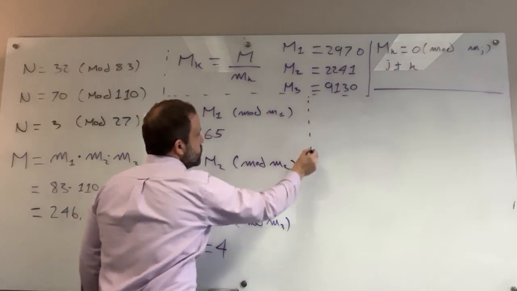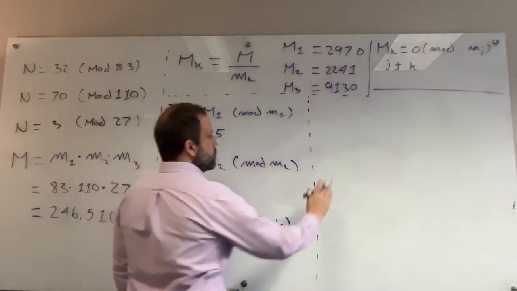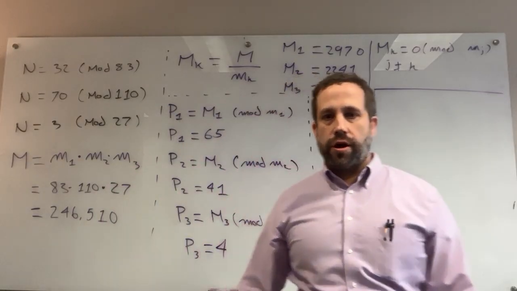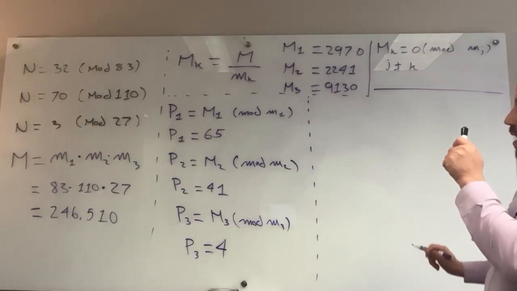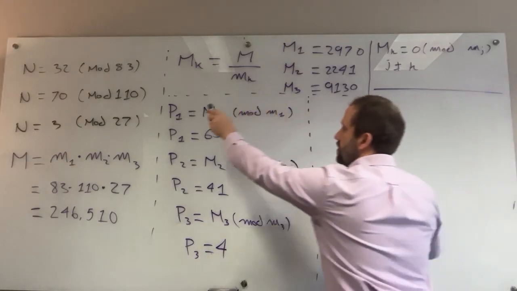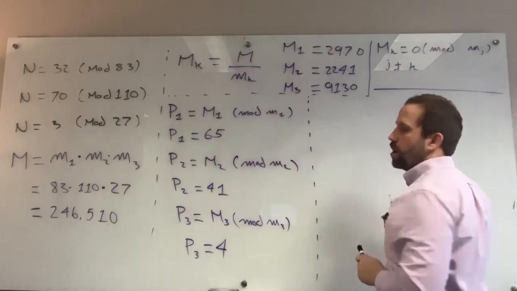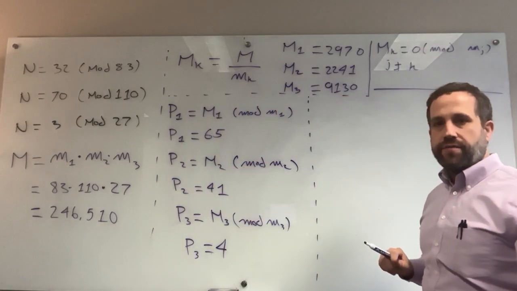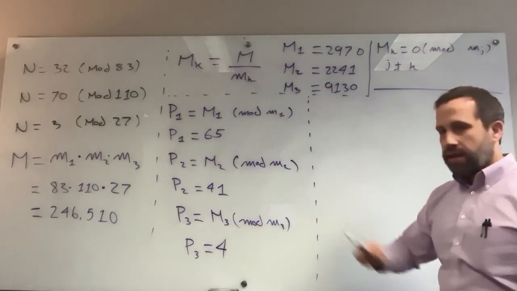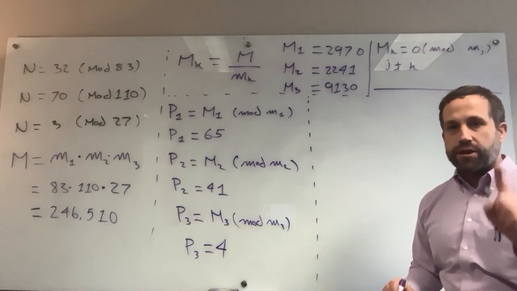Now what we are going to do is solve the following recurrences. Actually, I need to point one thing out. P1 and little m1 are relatively prime. P2 and little m2 are relatively prime. P3 and little m3 are relatively prime. And I want to explain why that is.